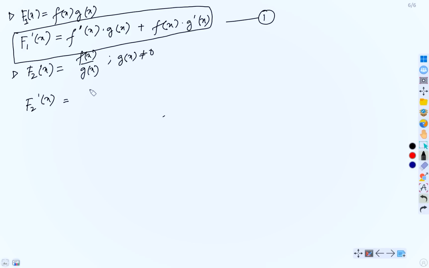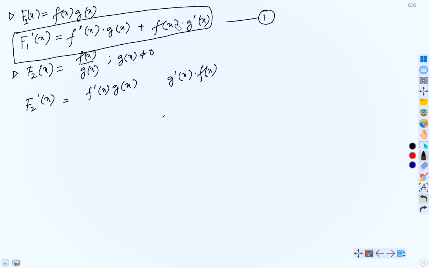So here the formula is something like this. You first differentiate f to obtain f'(x), then multiply with g, and then you differentiate g to get g'(x) and multiply with f. See, it is the same. Differentiate f, then multiply with g, differentiate g, then multiply with f.